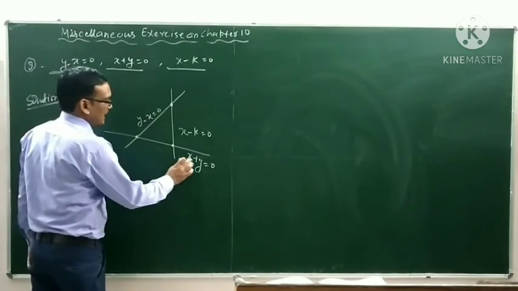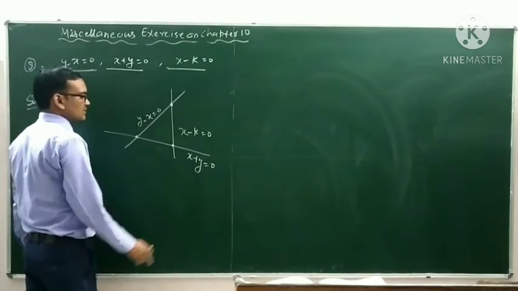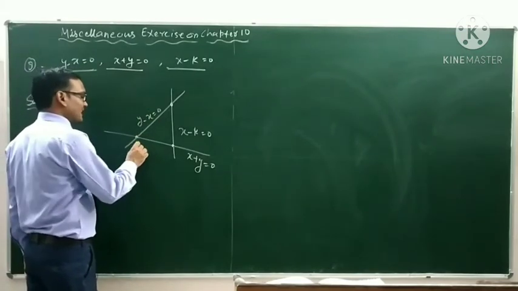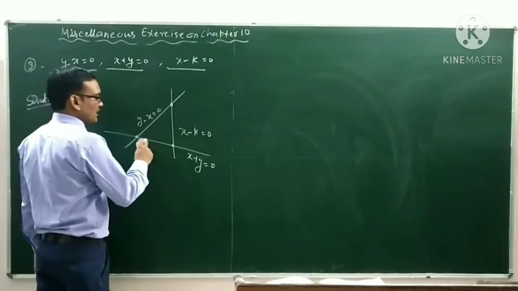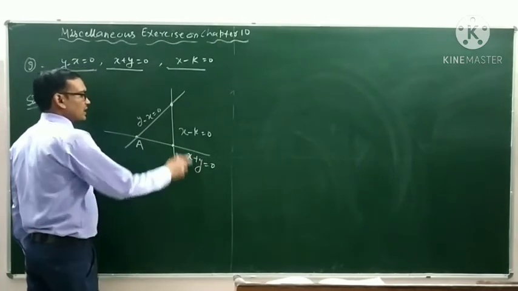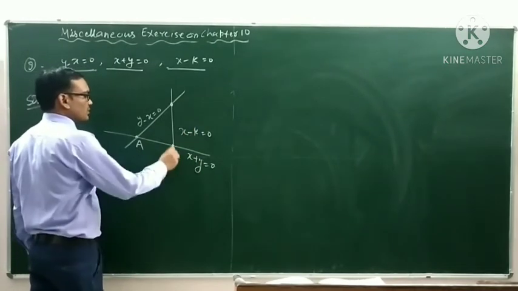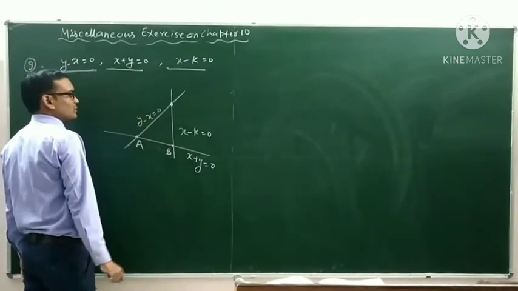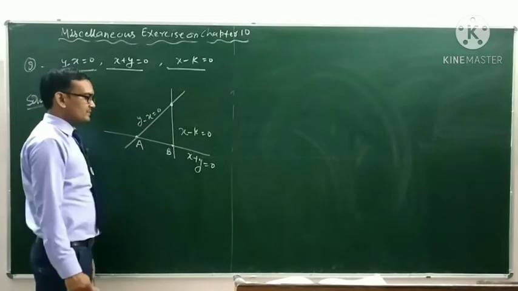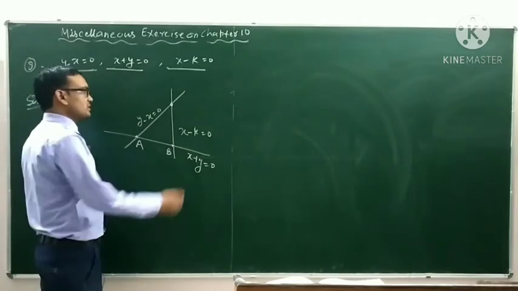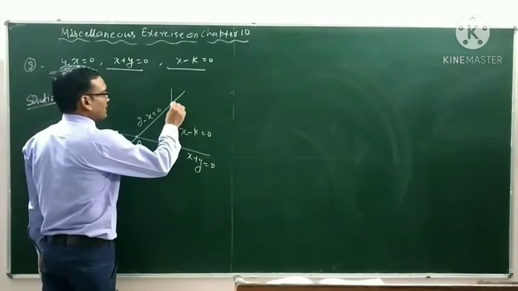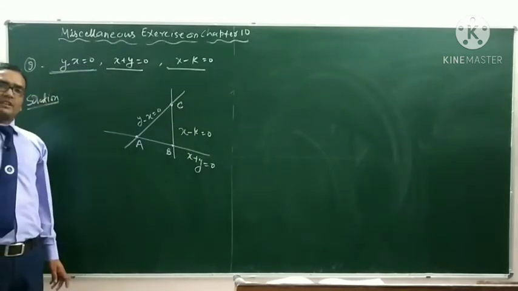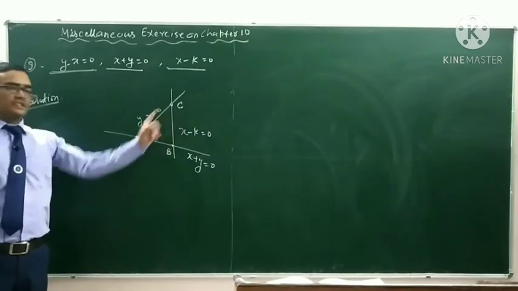The lines x plus y equal to 0 and y minus x equal to 0 intersect at the point A, lines x plus y equal to 0 and x minus k equal to 0 intersect at the point B, and y minus x equal to 0 and x minus k equal to 0 intersect at the point C. We find the area of the triangle ABC.